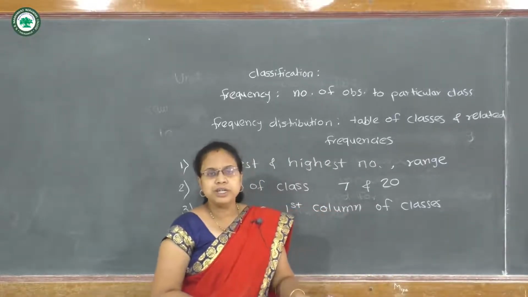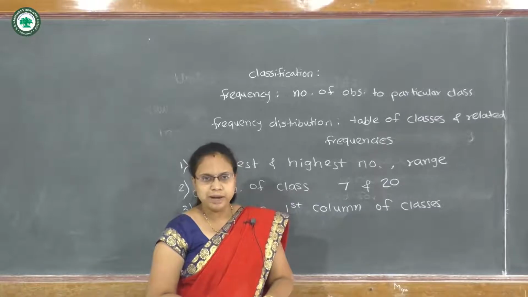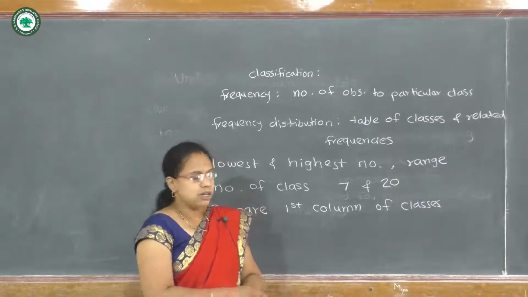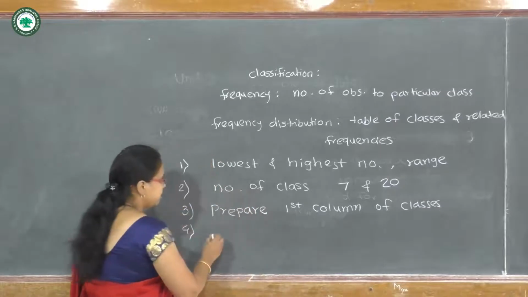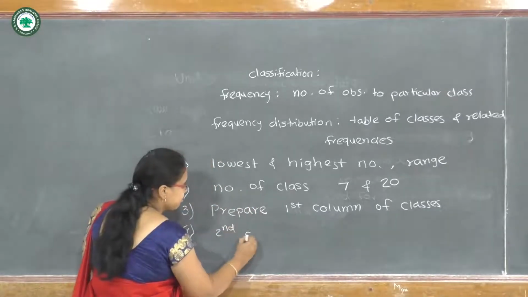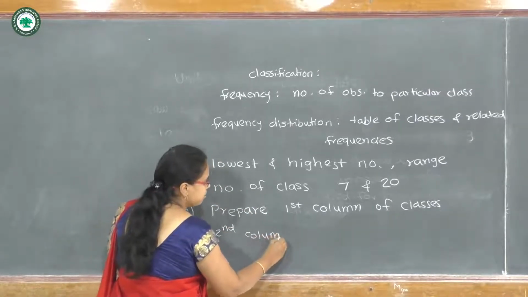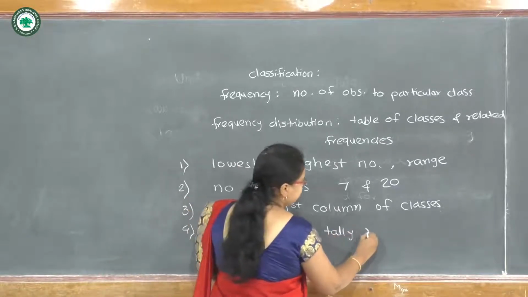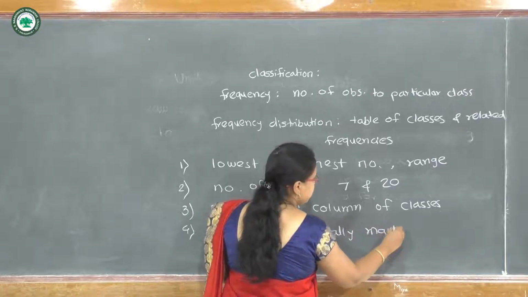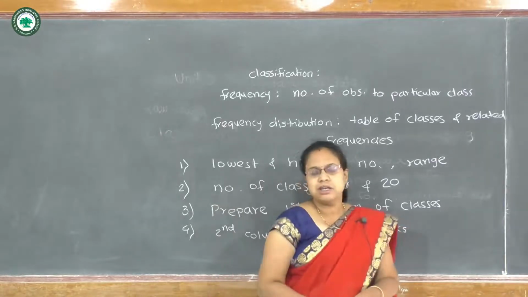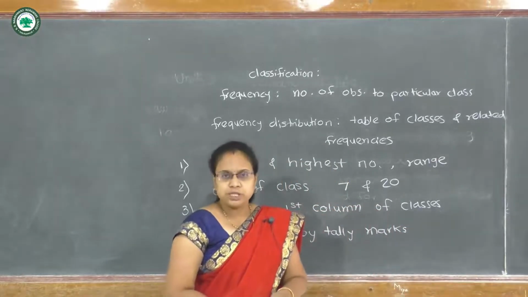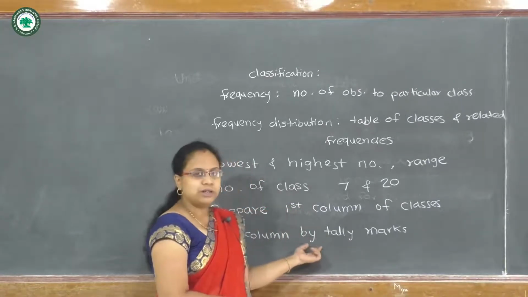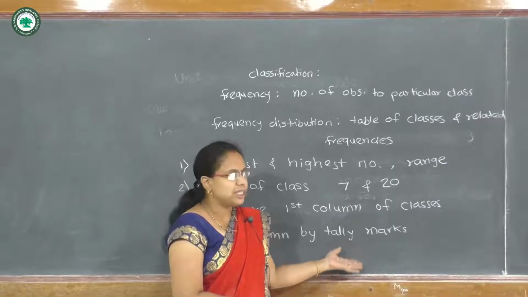By observing each observation in the data and putting a tally mark against the first column, that is the classes, we make the second column which contains only the tally marks.